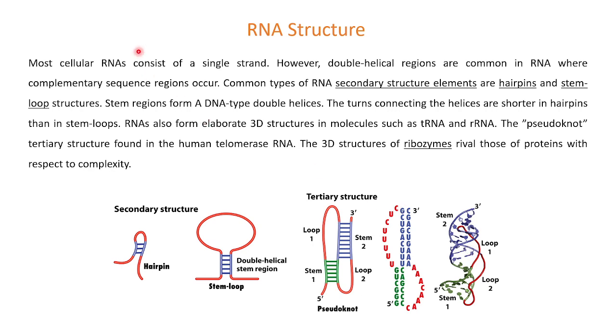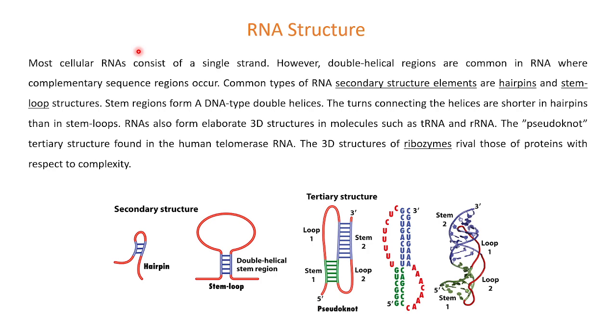So most cellular RNAs consist of a single strand. The double helical regions are common in RNA where the complementary sequence region occurs. Common types of RNA secondary structure include hairpins and stem loop structures. Stem regions form the A DNA type double helices.